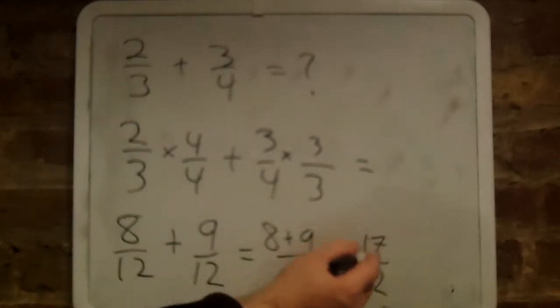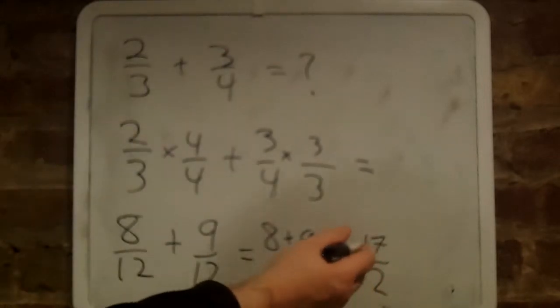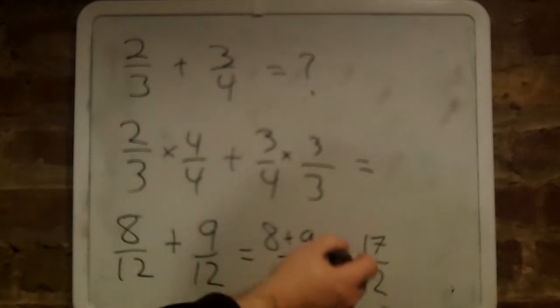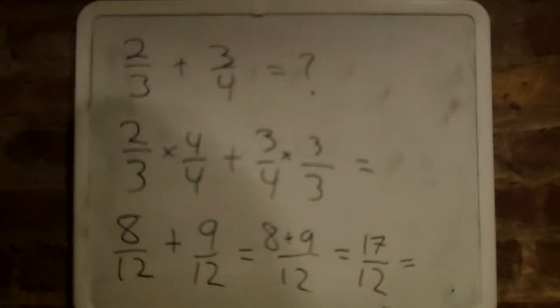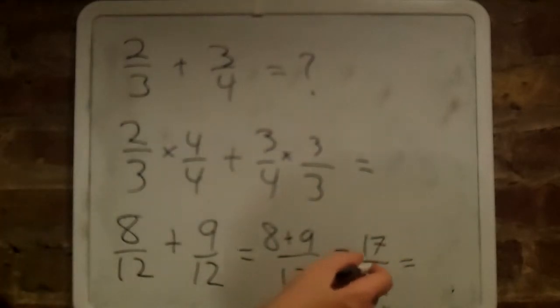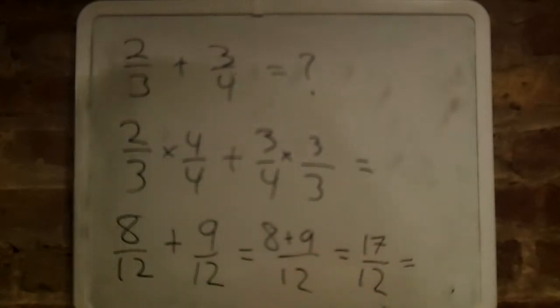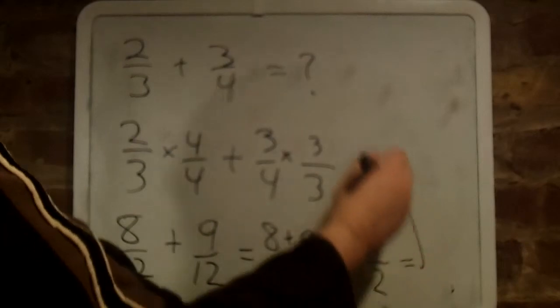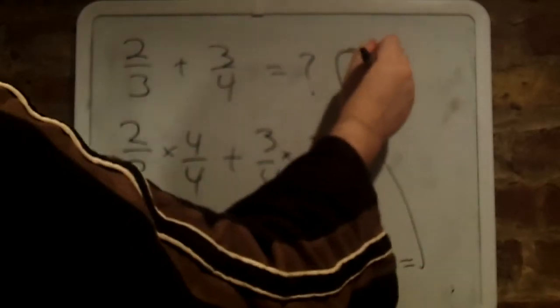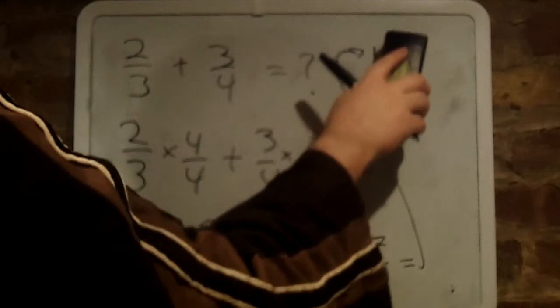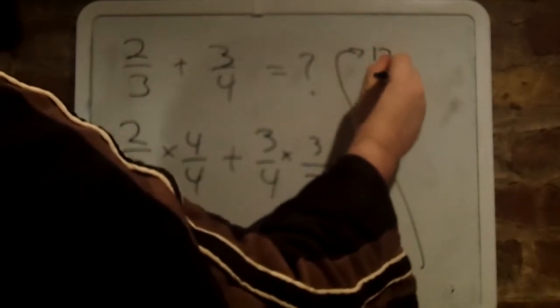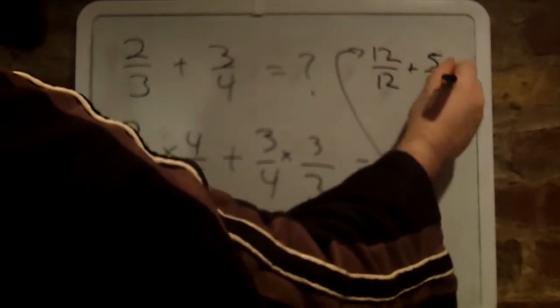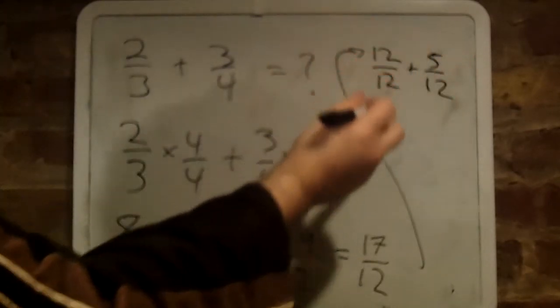When the number on top is bigger than the one on the bottom, that's called an improper fraction. It's okay in most cases to leave it like this, but another way to write it would be as a mixed number. So this would be the same as 12/12 plus 5/12, right? 12 and 5 is 17.